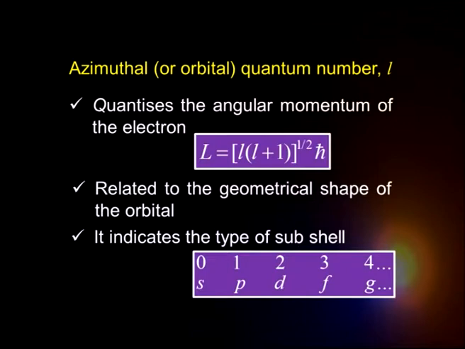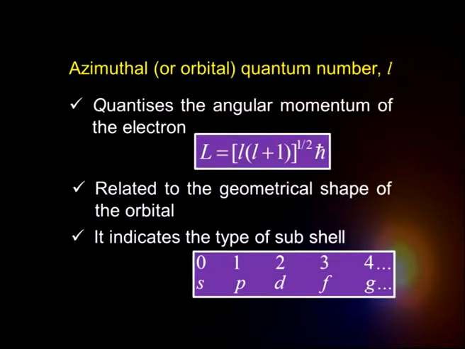L is equal to 1, we get p orbitals of a dumbbell shape, and so on and so forth. In addition to that, the angular momentum has a value of square root of L into L plus 1 times h cross. That means the angular momentum is in terms of h cross, which is called the action constant or unit of angular momentum. So it is quantized here.